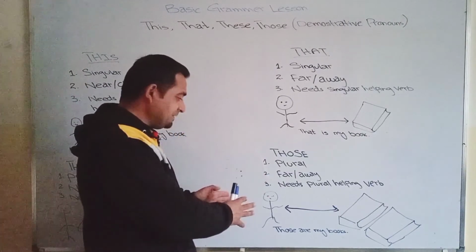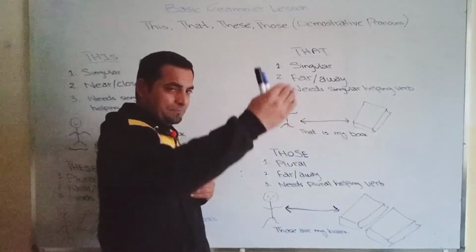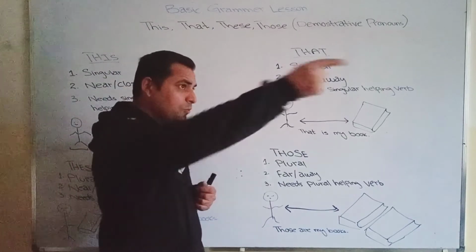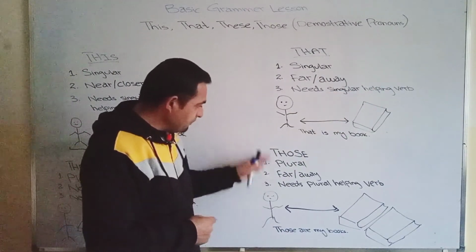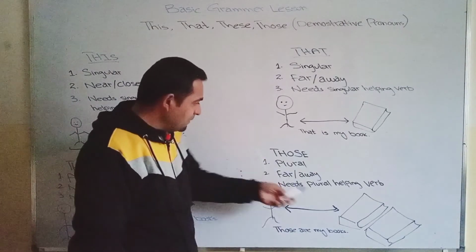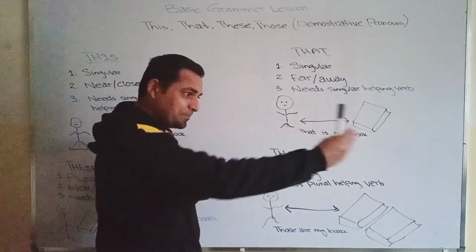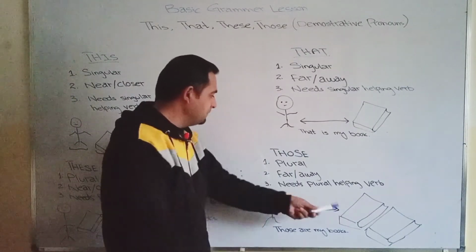So the person is here and we can see that there is distance between the person, the subject, and the object. So the subject says, those are my books. So let's see if it fulfills the requirement. It should be in the plural form. Yes, it is in the plural form. It should be far away from the speaker, right? Yes, of course it is far away from the speaker.